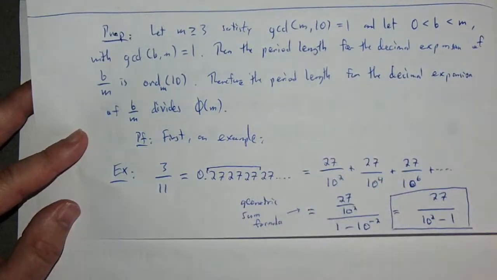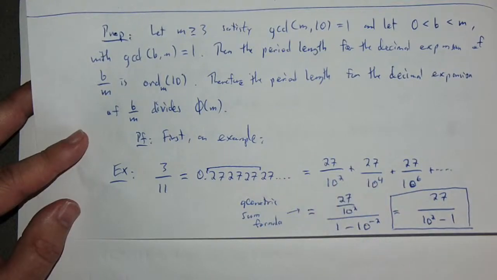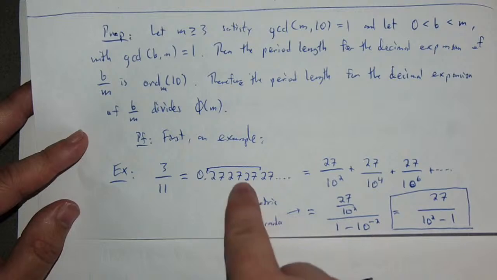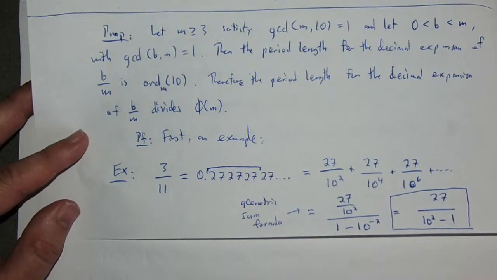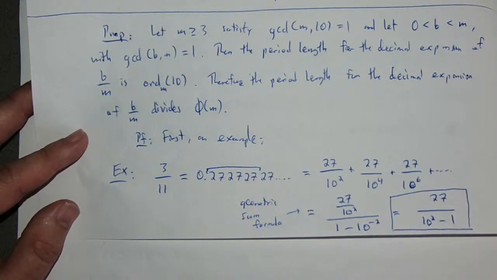Well, that's true. It's those 6 digits, then the next 6 digits, and the next 6 digits. That's true, but that's not the period length, because the period length is the smallest such block, right? I wasn't that clear about that earlier when I mentioned it. So the period length is the smallest such block for which this thing repeats.